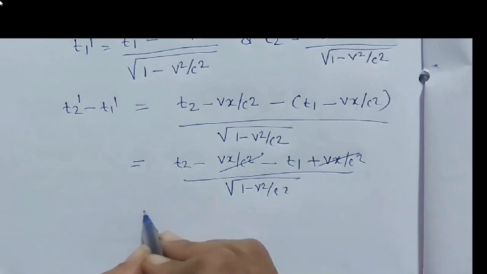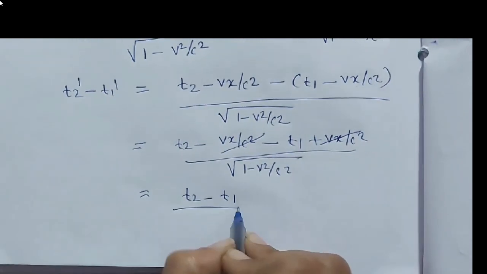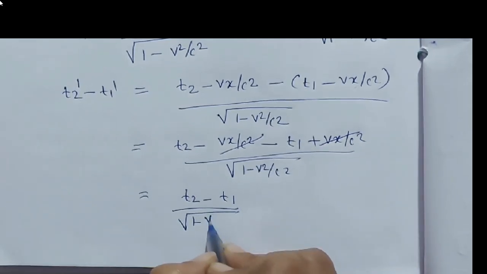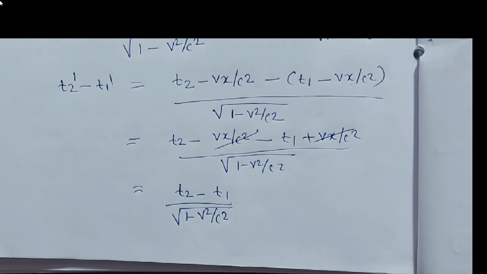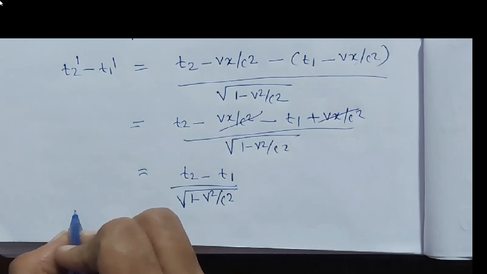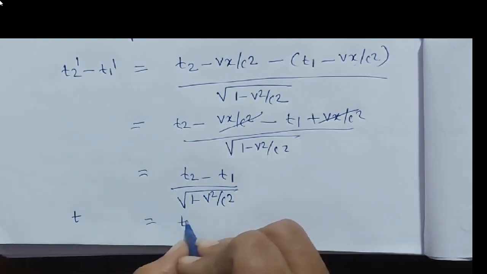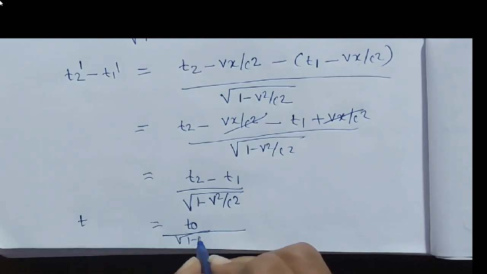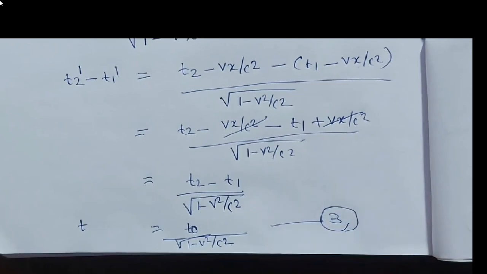We will cancel out, t2 minus t1 upon under root 1 minus v square upon c square. Let us denote t2 dash minus t1 dash by t. T is equal to this t2 minus t1, that is t naught, upon under root 1 minus v square upon c square. This equation 3 is called Einstein's time dilation equation.